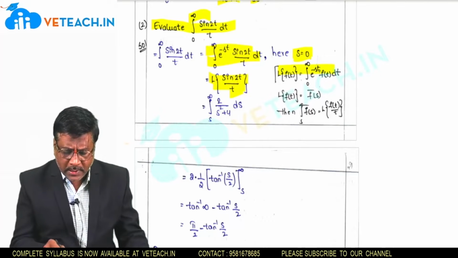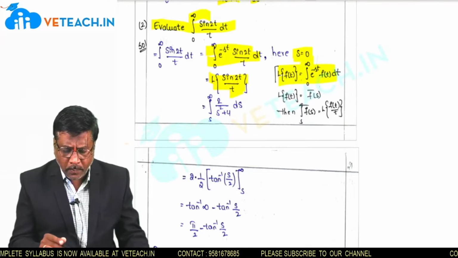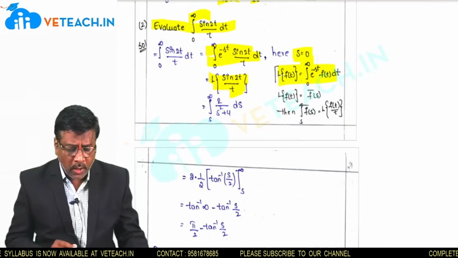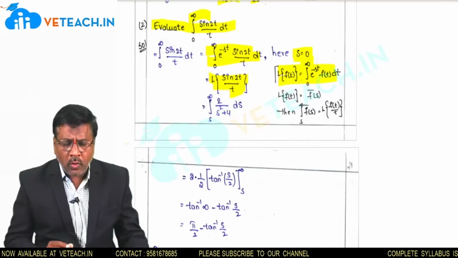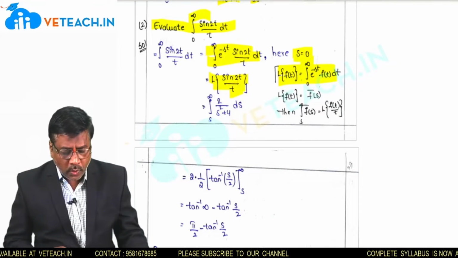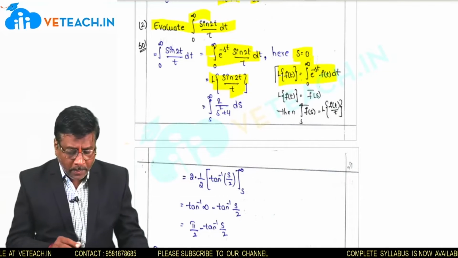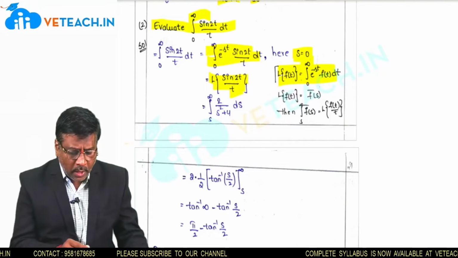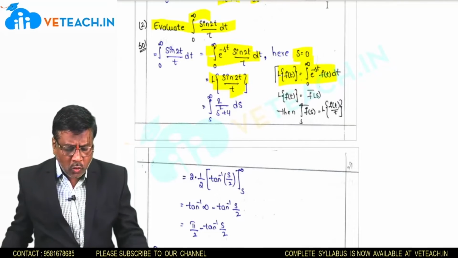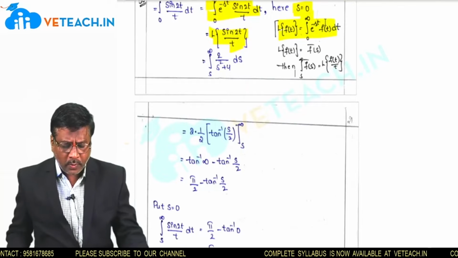This is the actual definition of the Laplace transform: L of f of t is equal to integral 0 to infinity e power minus st into f of t into dt. That means L of sine 2t by t. We know the value of L of sine 2t is 2 by s square plus 4, and for division by t I apply the division by t principle here. That is equal to integral from s to infinity of 2 by s square plus 4 into ds.